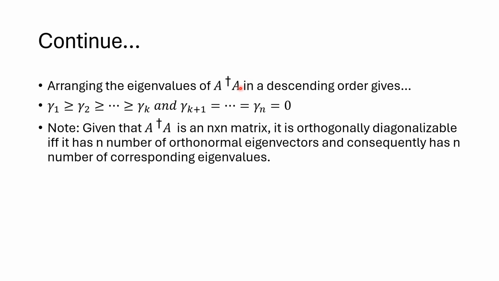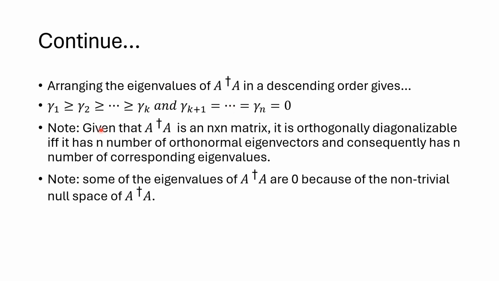And same thing here for A transpose A. It is possible that A transpose A is not invertible since A transpose A was derived from the matrix A, which is a rectangular matrix. And since the rectangular matrix has a certain non-trivial null space, the resulting matrix A transpose A will also have some sort of a null space. And therefore, we will have the eigenvalues of 0.